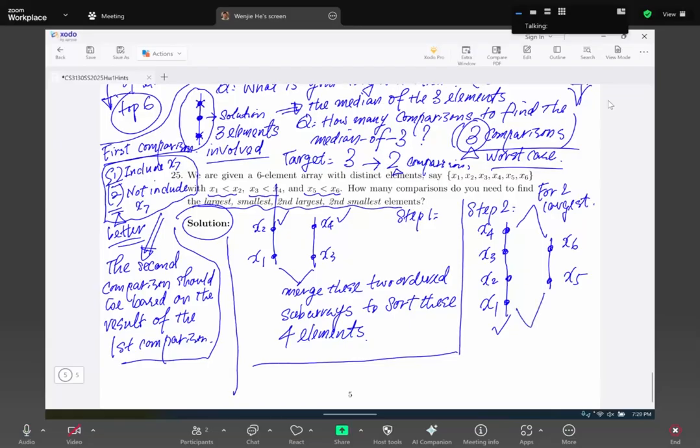So you do comparison from the lower end for the two smallest. The first smallest, second smallest, okay? That should be pretty easy, pretty straightforward. Then you find the solution, okay? So using these two steps, you can find a solution easily, okay? All right, so not very complicated.